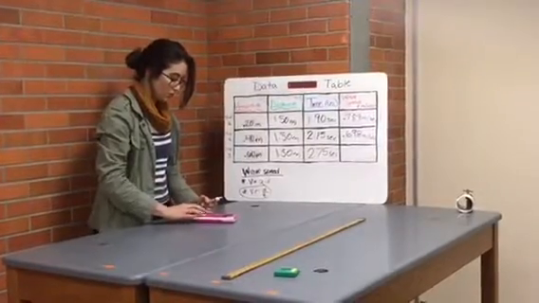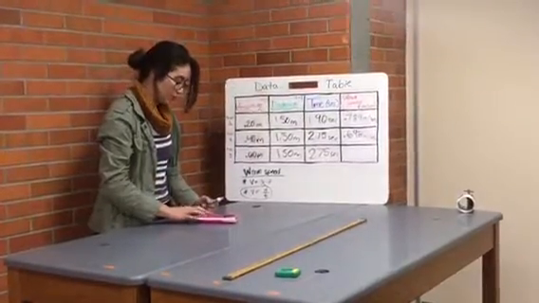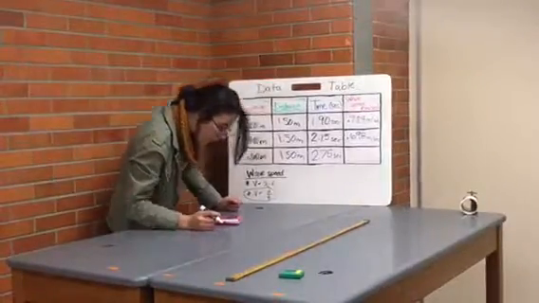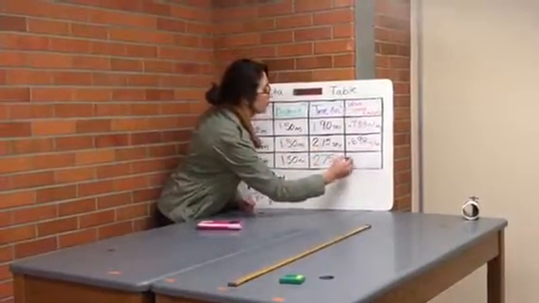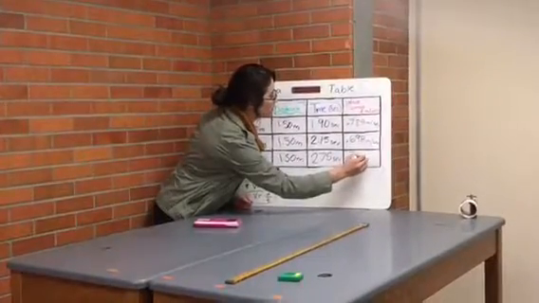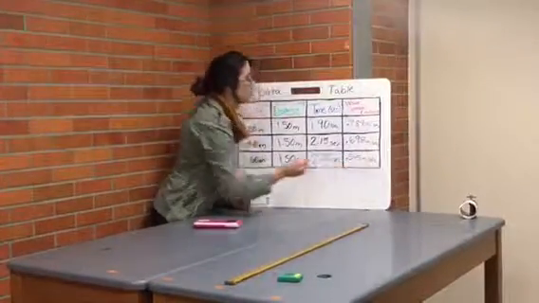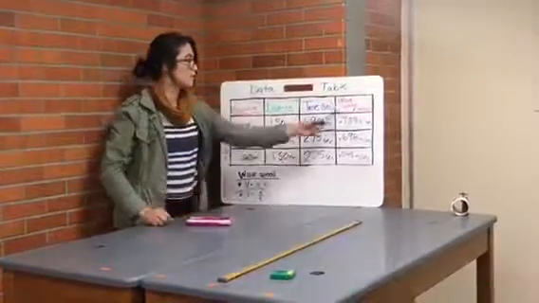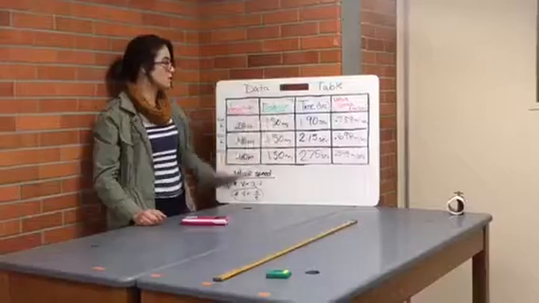Then you do 1.5 divided by 2.75, and you get 0.545 meters per second. So by using this equation, you're able to find the wave speed when you are given the distance and time.